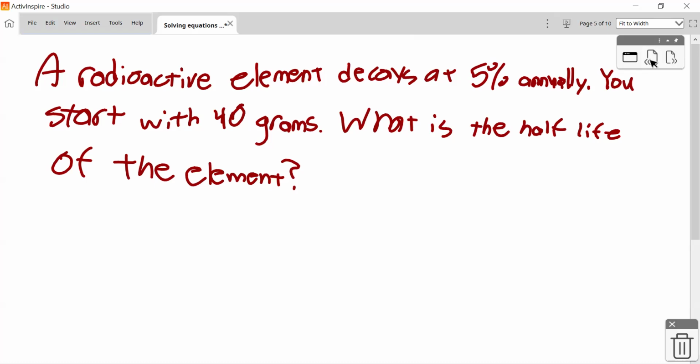What is the half-life of the element? So that is a science thing. We're bringing science into this. Half-life is pretty self-explanatory. How long does it take for my element to lose half of its mass from when you started measuring?